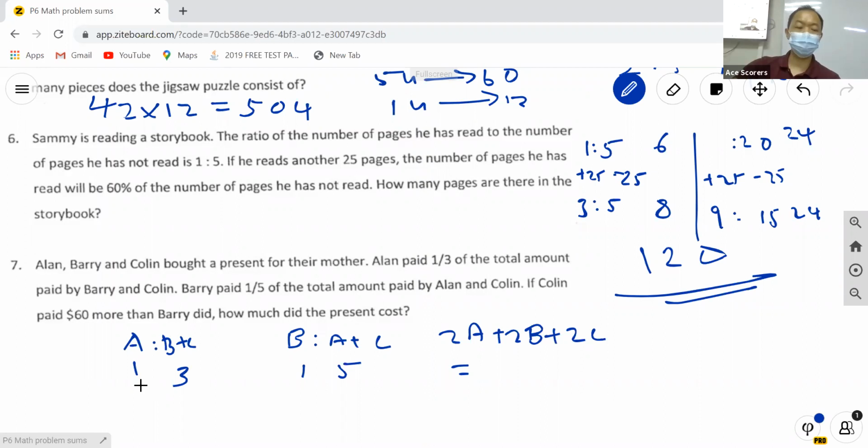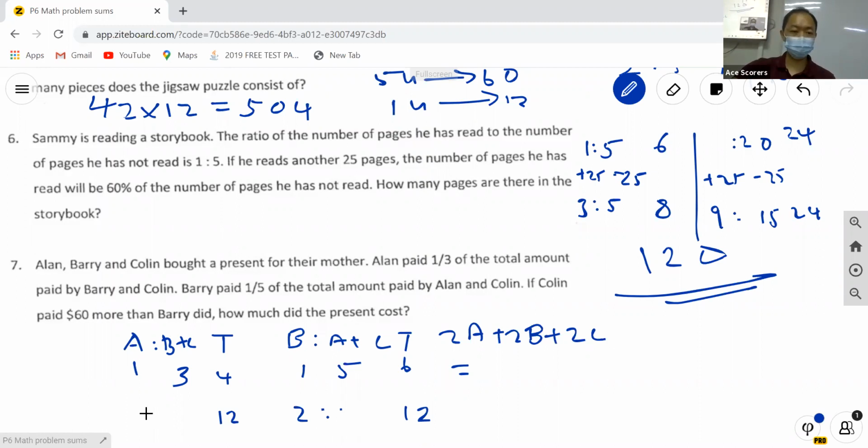What do I mean by that? So you see here, what's the total? This total 4, this one total 6. I can't really add them yet because they are different ratios. I need to find a common multiple, which is 12 and 12. So this one times 2, 2 is to 10.